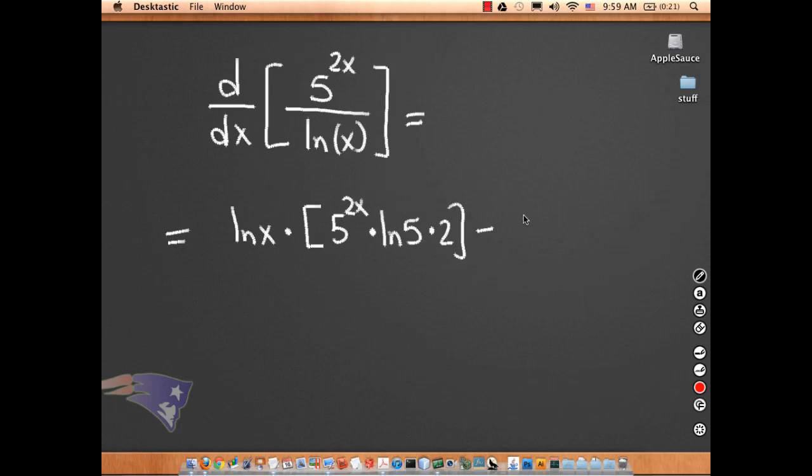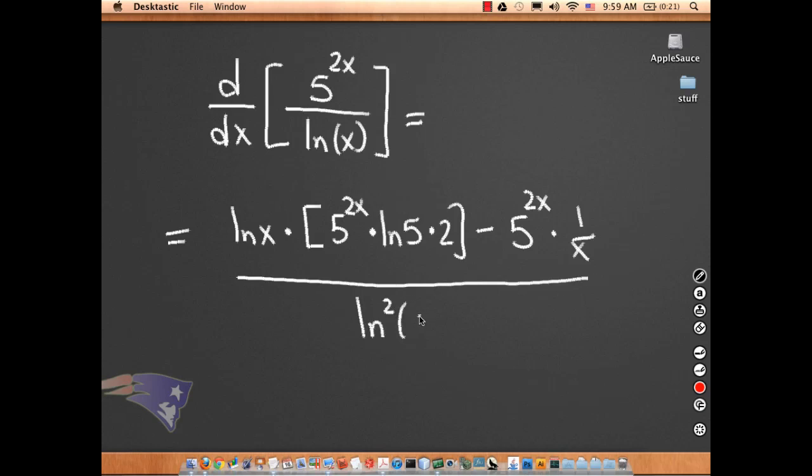Minus high times d low. What's d low? 1 over x. You guys are experts now. All over low, low. And I'm going to write it like this: natural log squared of x. And there we go. And there's the derivative.